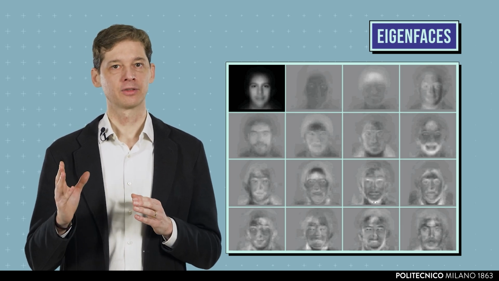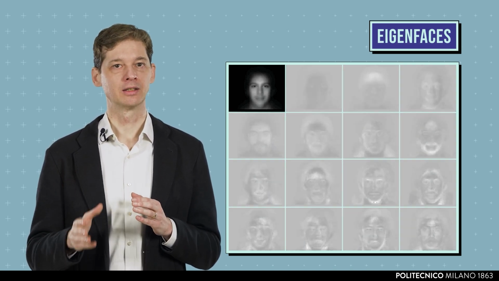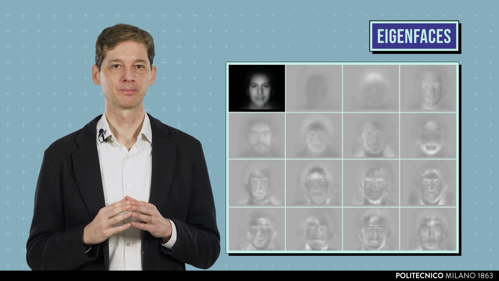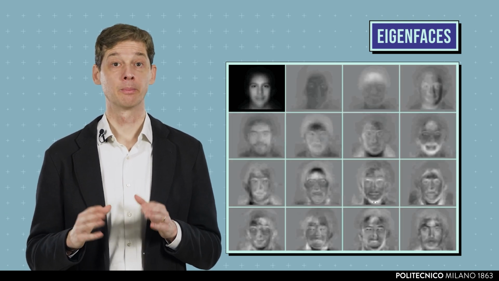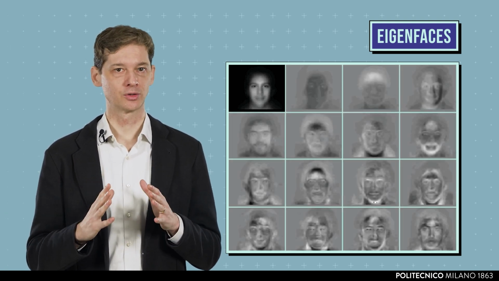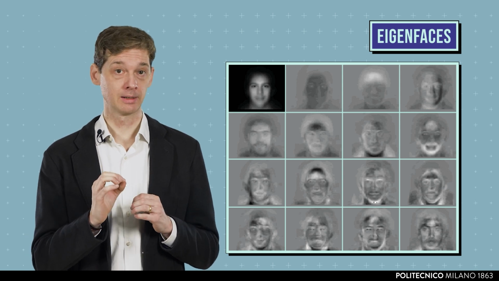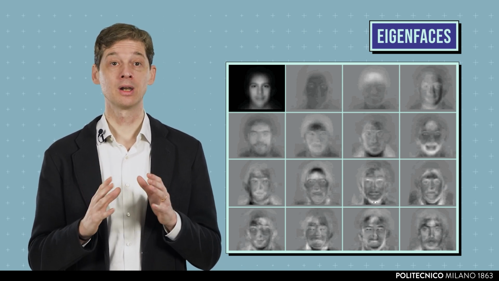And at the top left corner, the reconstruction of a face in this 15-dimensional space. In this way, instead of using more than 30,000 values to represent the intensity of each pixel, we can represent a face with only 15 values. Of course, as shown in this image, the accuracy of the reconstruction grows with the number of eigenfaces considered.